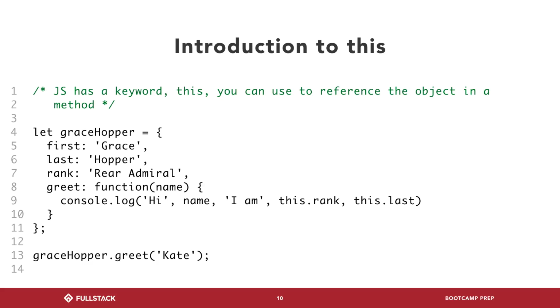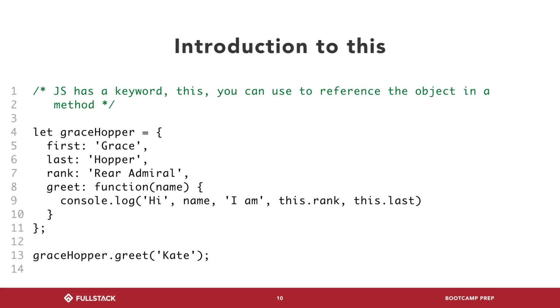But the other thing is, if I ever create another object in this way, if I call it Full Stack Academy rather than Grace Hopper, like let Full Stack Academy equals this, and I want to copy a lot of this code over, I wouldn't be able to, right? Because before this was Grace Hopper, manually hard-coded. It was physically tied to this Grace Hopper object. So how do we extract out that logic here?